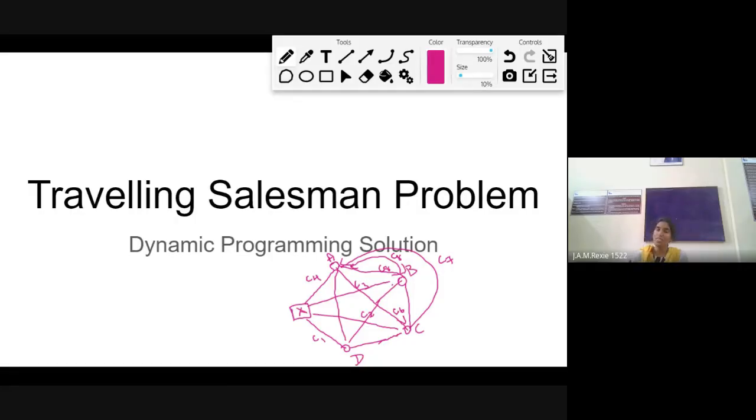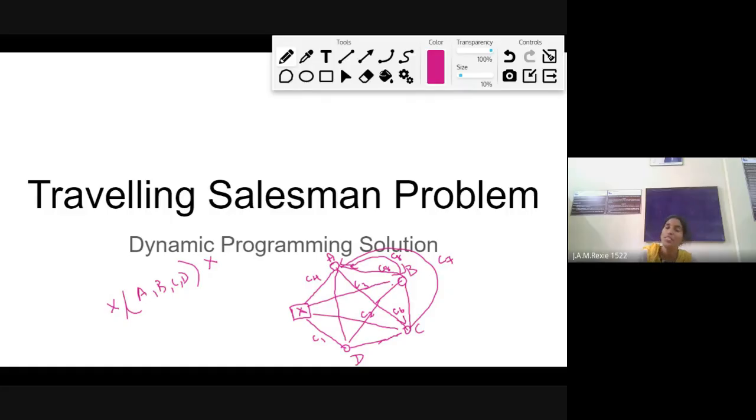After visiting these places, he has to report back to X. So in terms of the graph, the starting vertex should be X, and after that he can visit A, B, C, D in any order. He can choose A, B, C, D, or B, C, D, A, or D, A, C, B, something. They should all be visited, and after that we have to reach the node X. This is what I need.